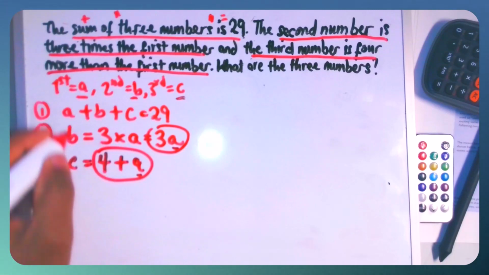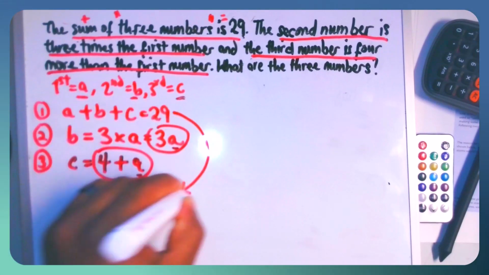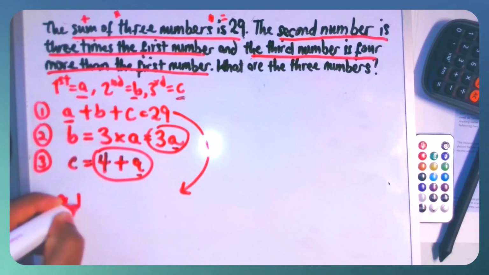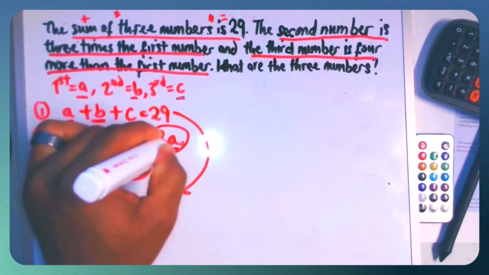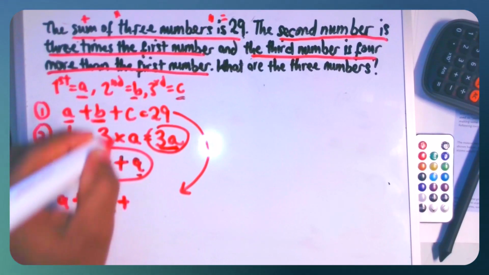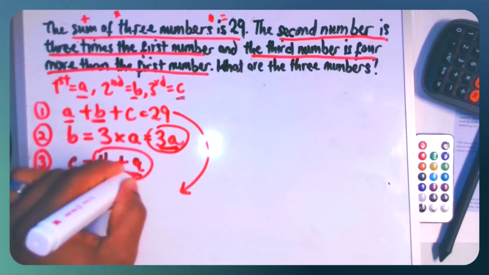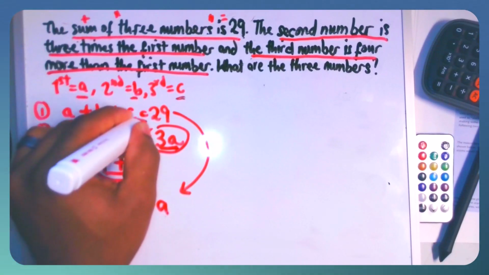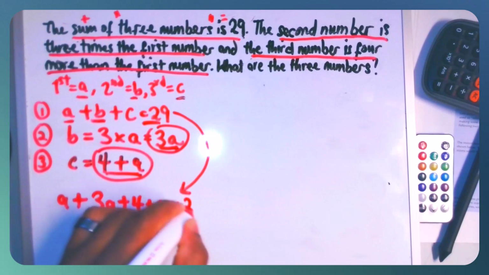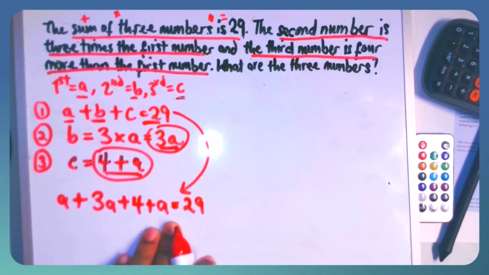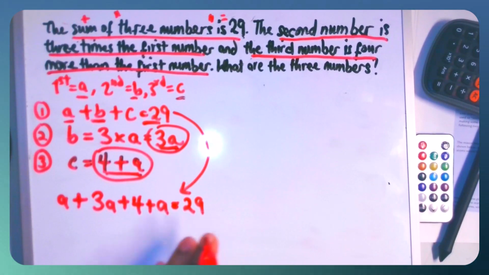Our new expression from equation 1 is A, which is our first one, plus, instead of B, we're going to put 3A, and then we're going to add our C, which is 4 plus A, and this is equal to 29. Once we have this, we can see that everything has A on the left side of the equation, and on the right side we have just a number.